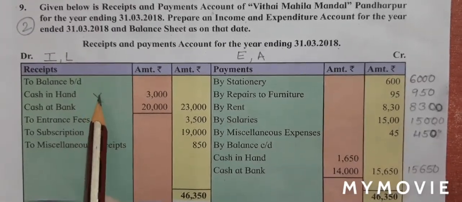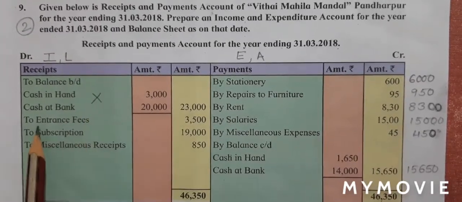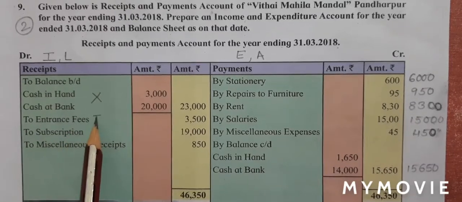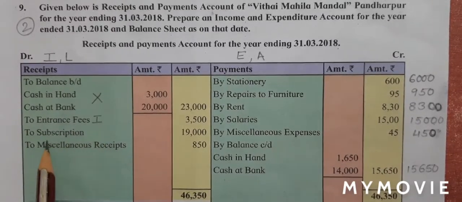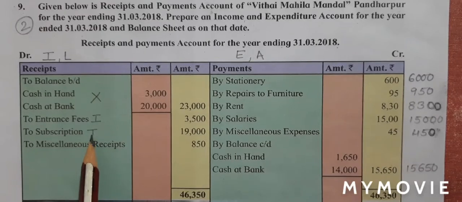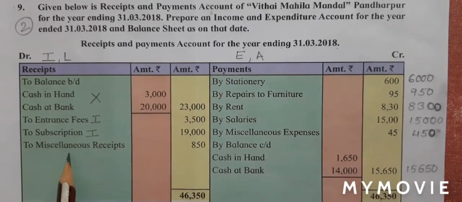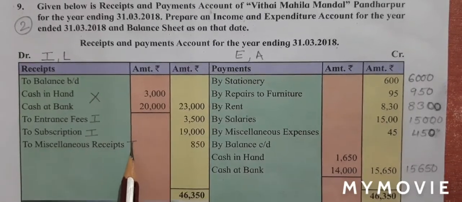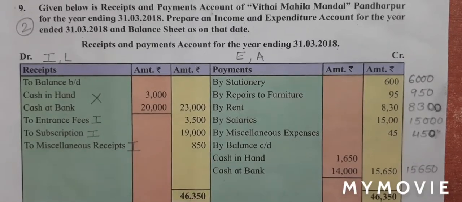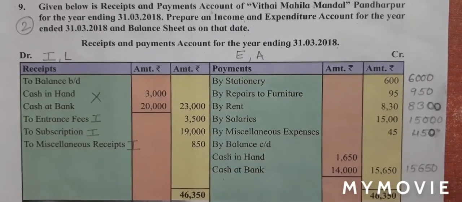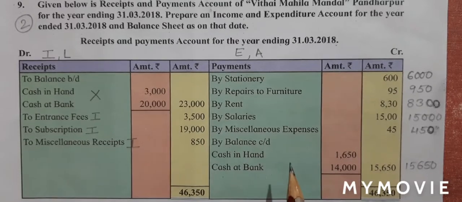So we will mark a cross. Entrance fees is an income. Subscription, income. To miscellaneous receipts, income. We have now completed the receipt side. We will now move on to the payment side.